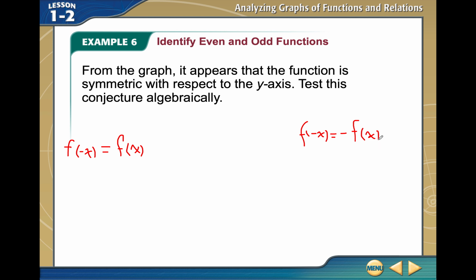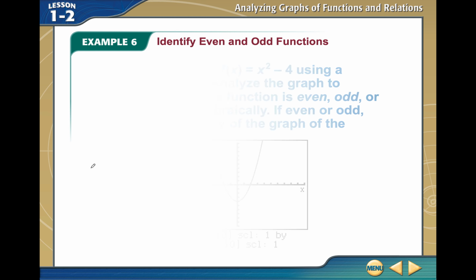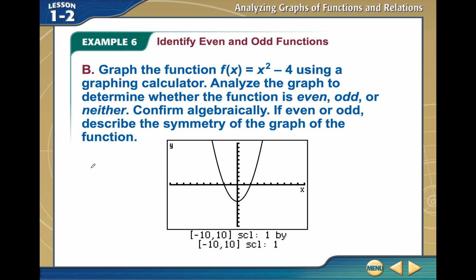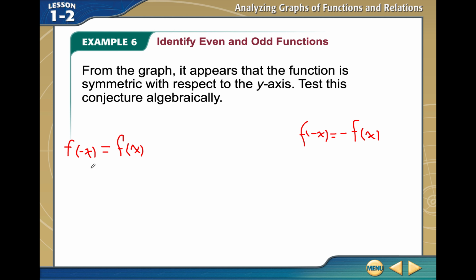So let's test it algebraically. We know that f of x is x squared minus 4. F of minus x, is it equal to f of x?